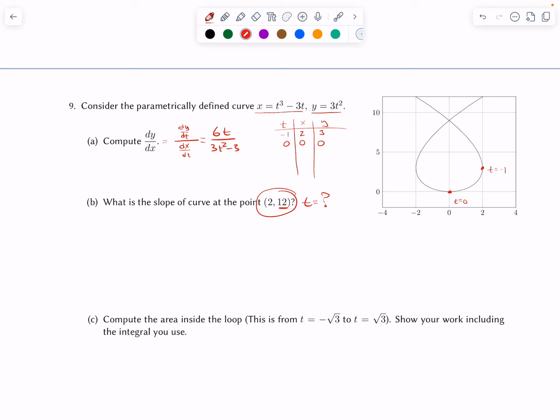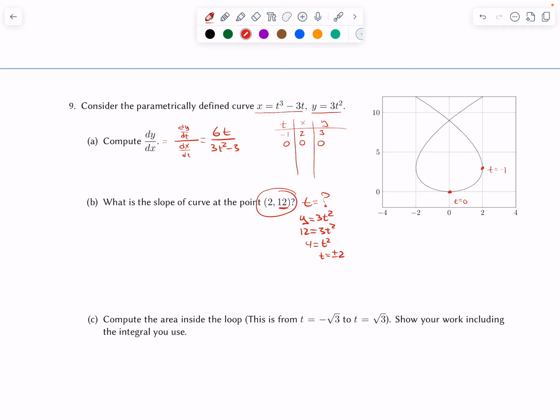Okay, well, let's use this 12 right here. So y is equal to 3t squared. 12 is equal to 3t squared. T squared has to equal 4, so t is equal to plus or minus 2. Well, is it plus 2 or minus 2? Well, let's find out.